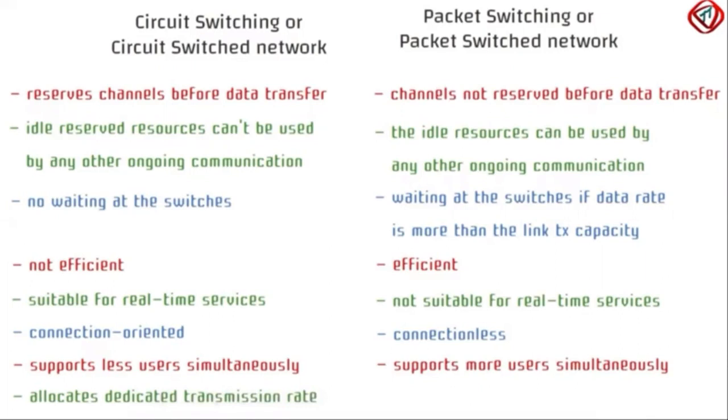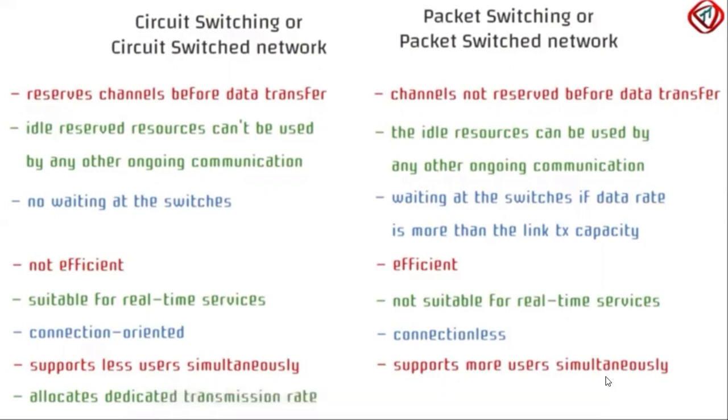Circuit switching is a scheme in which the network sets up a dedicated point-to-point connection between nodes and terminals before the communication starts, just like the telephone example I gave you.